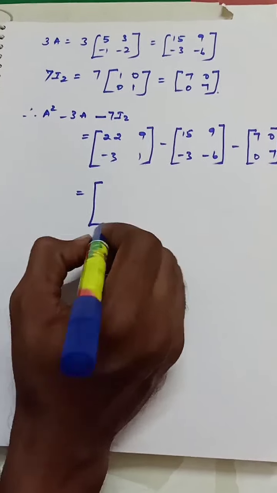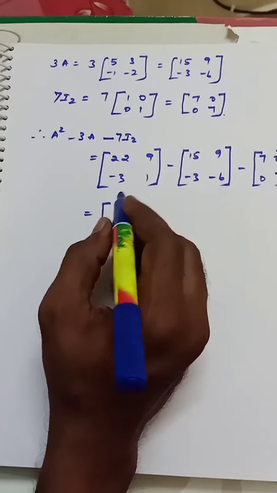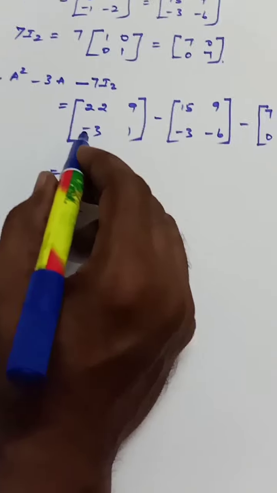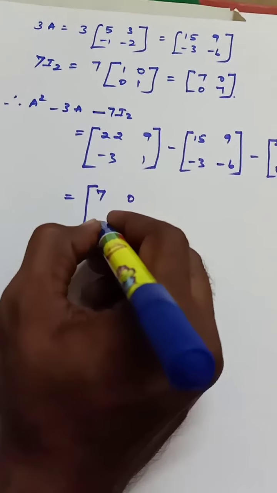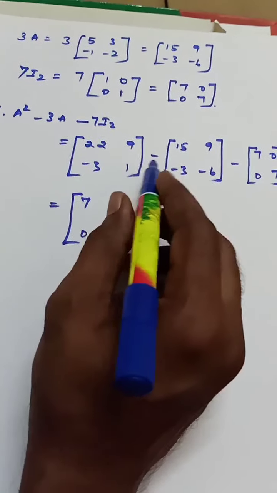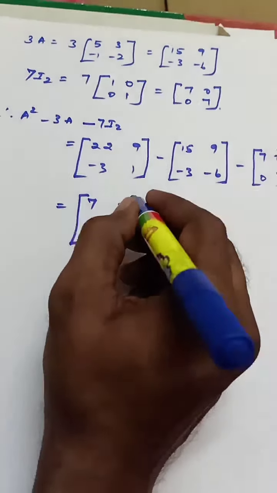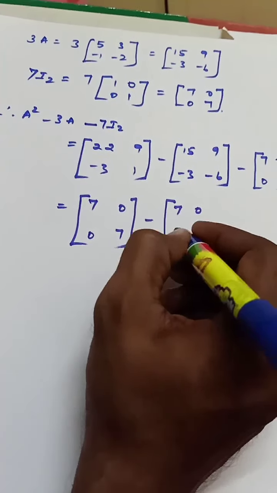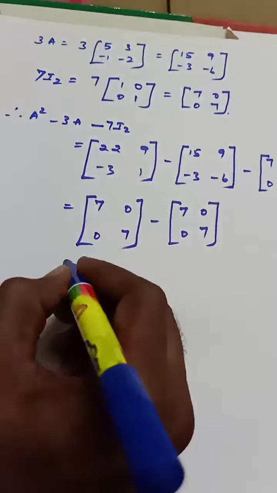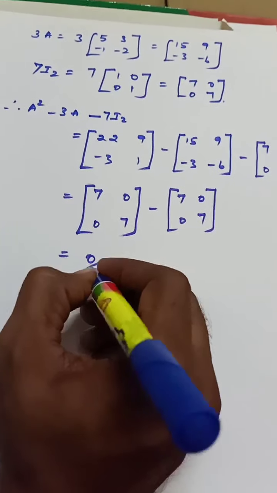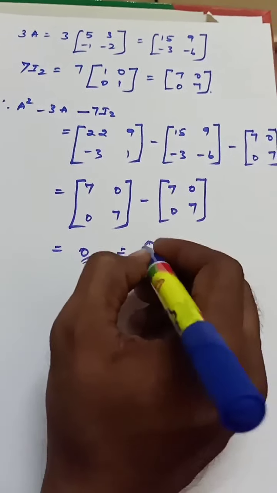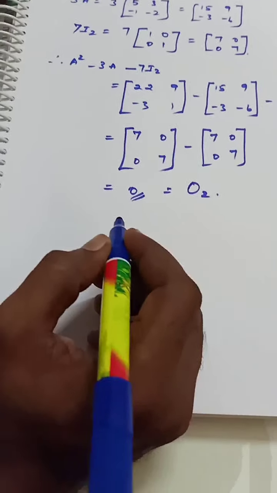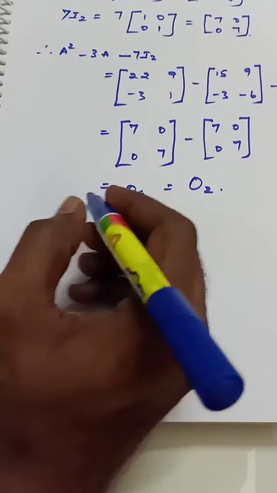First we will subtract these two matrices: 22 minus 15 is 7, 9 minus 9 is 0, minus 3 plus 3 is 0, and 1 plus 6 is 7, minus of 7 0 0 7. So it becomes 0. So we found A square minus 3A minus 7I2 becomes 0.